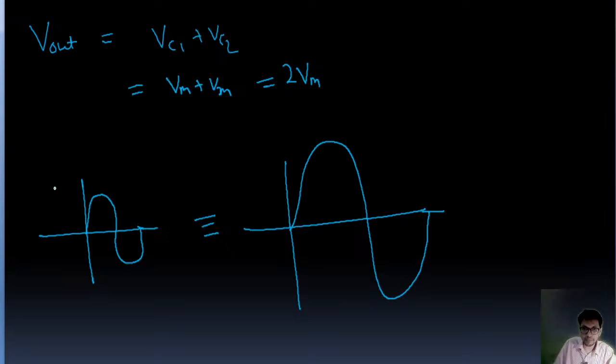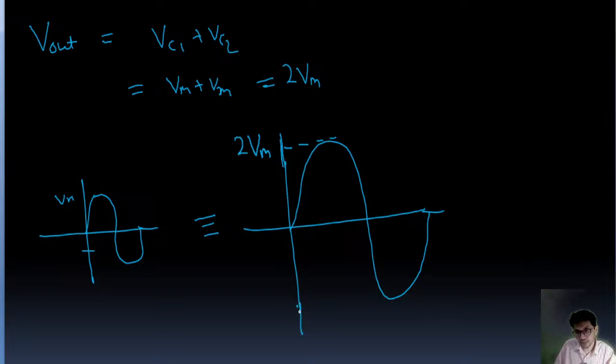This becomes like this. So this was Vm. So this is 2Vm now. This is 2Vm.